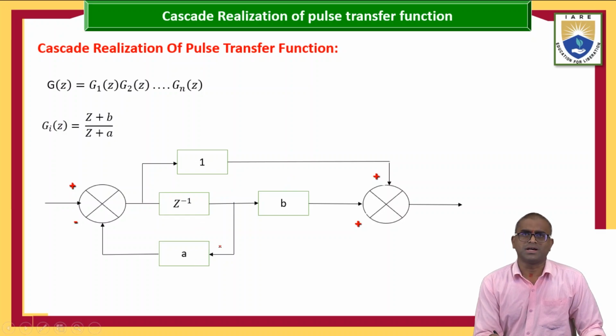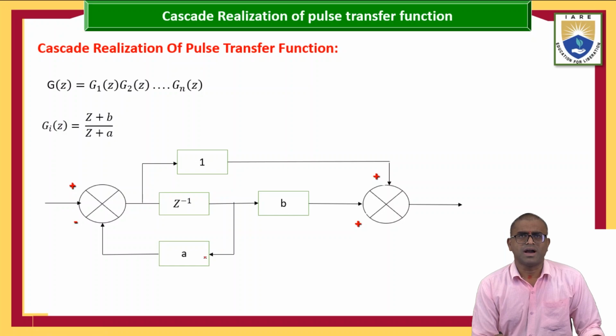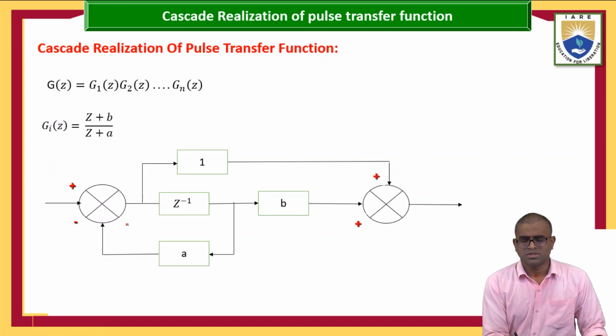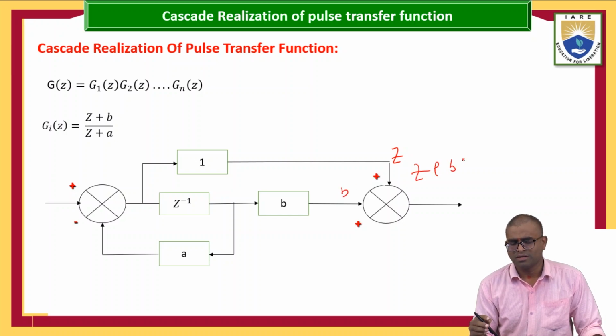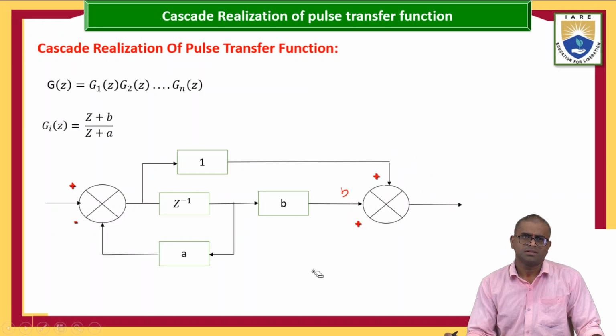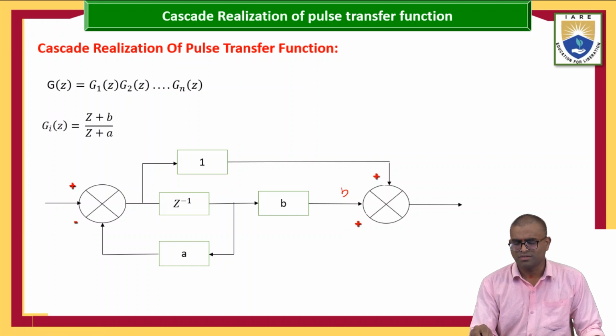Coming to the forward path, we have z plus b. So z inverse into b, that is nothing but z plus b. So z inverse into 1, it is adding here 1 z. Next, the forward path is b, so it is coming as z plus b. This is the numerator part, that is the zeros.